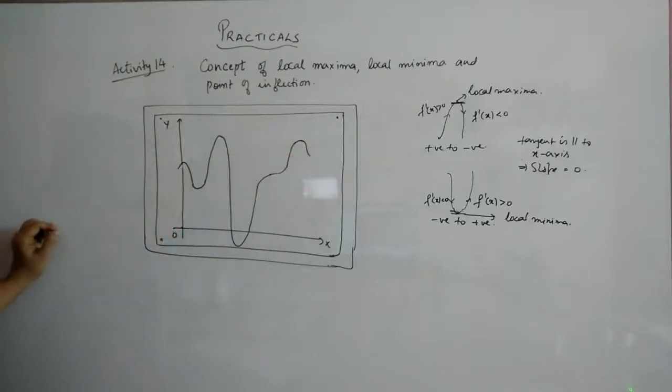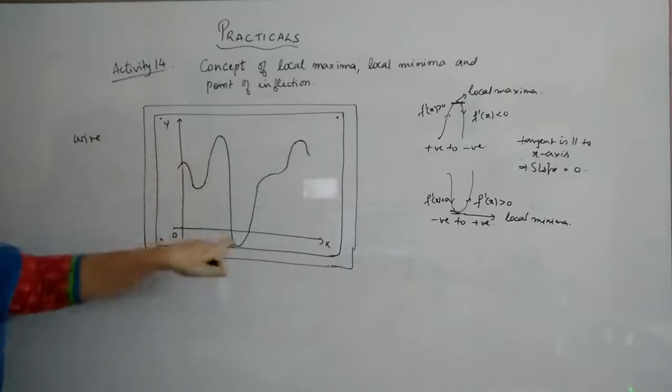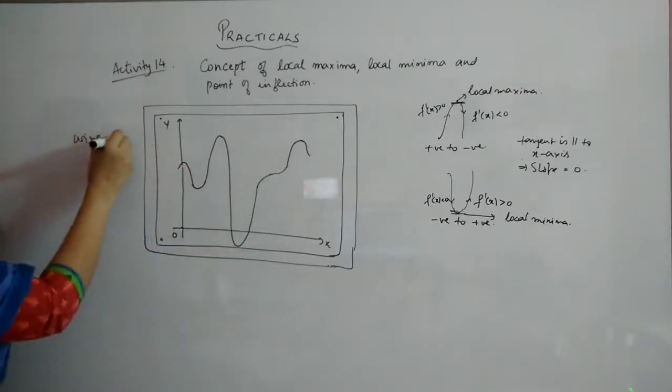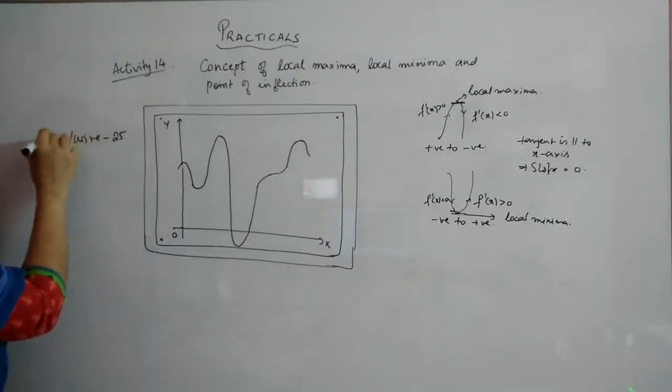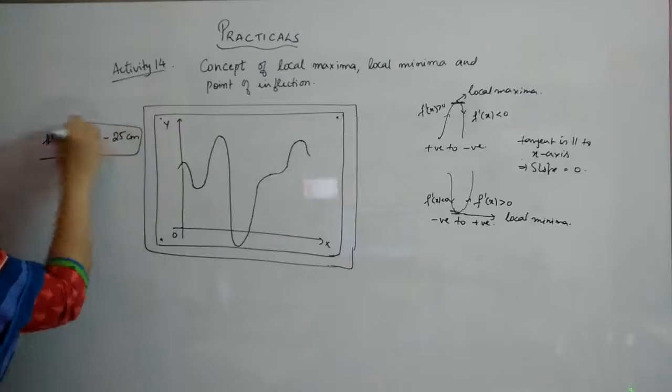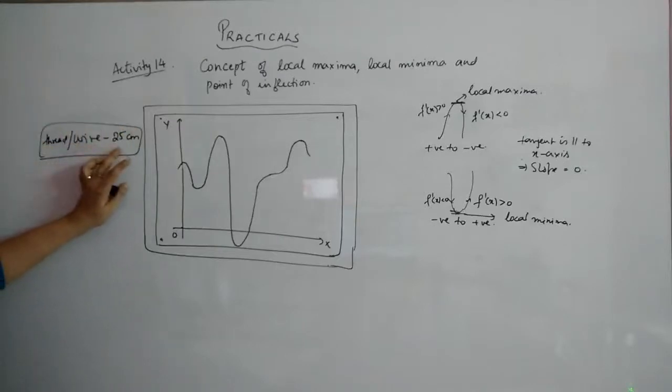Now this is actually not drawn, we are taking wire. In the practical book you can just draw this, but for the practical when we do it, you have to use a wire or thread of 25 centimeter length.